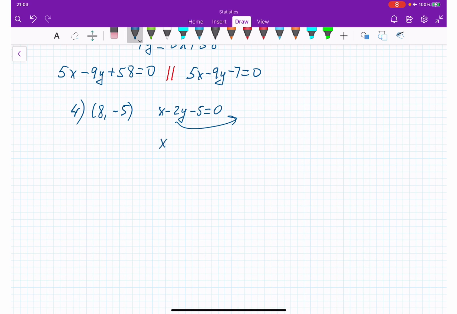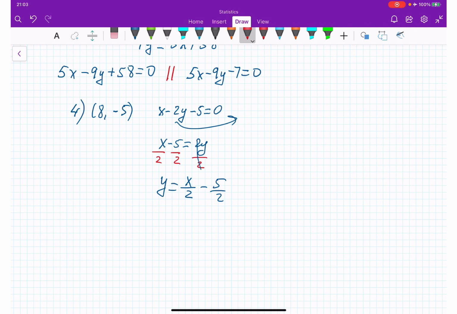So x minus 5 is equal to positive 2y. Dividing by 2, y is equal to x over 2 minus 5 over 2. I can separate this division by 2, if it's confusing for you: x over 2, 5 over 2. There we go.